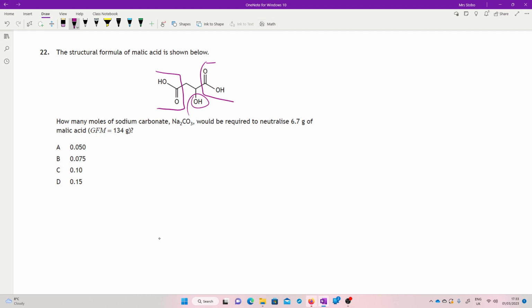So what I'm looking for is a normal carboxylic acid, and basically what would you do if you neutralise that to the salt? You'd be producing the sodium salt, which would be that. So for every mole of the malic acid, I need 2 sodiums.